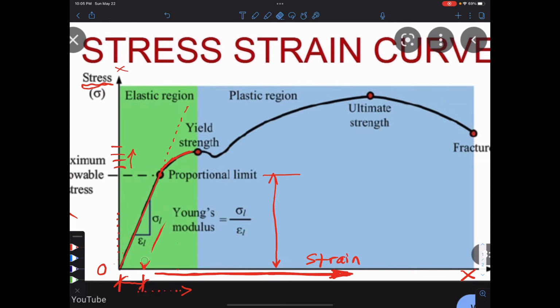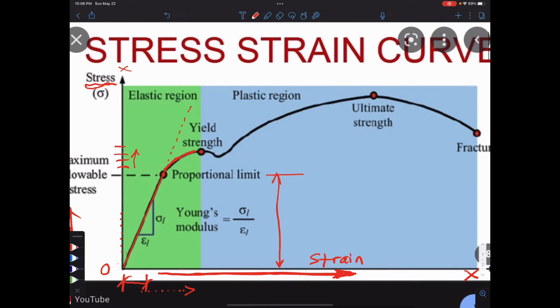And we can do this further. Let's erase this line again, and we pull this further. Now, the specifics of this graph vary even from specific steel to other specific steel, vary from aluminum to steel, vary between copper and aluminum, etc. So this graph here is generally representative, but it might be a little bit different for different materials.